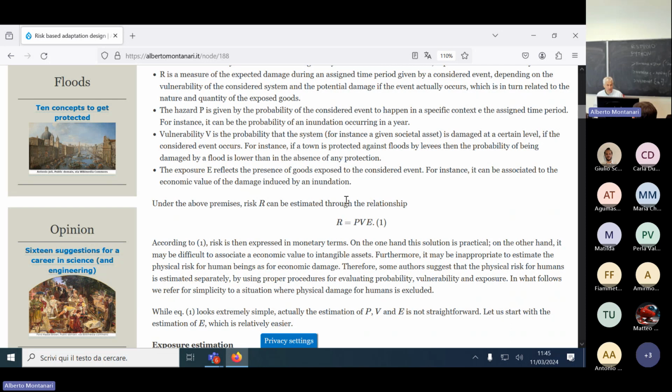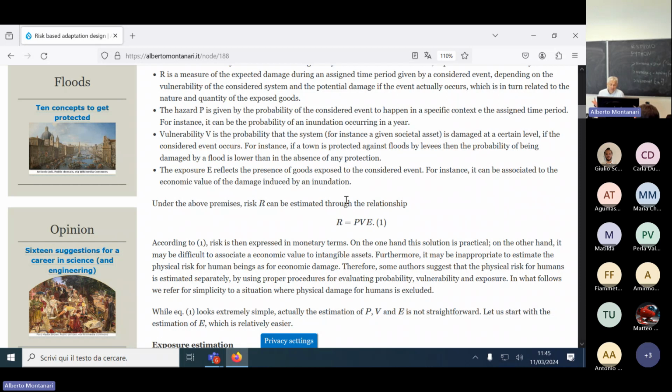And today's is even worse because Florence is in the same conditions in terms of vulnerability. Vulnerability is at the same level as in 1966. The exposure has increased a lot for reasons that are clear, socioeconomic development. And the probability, probably, after climate change and after land use change, has increased. So Florence is probably exposed to a higher risk with respect to 1966.